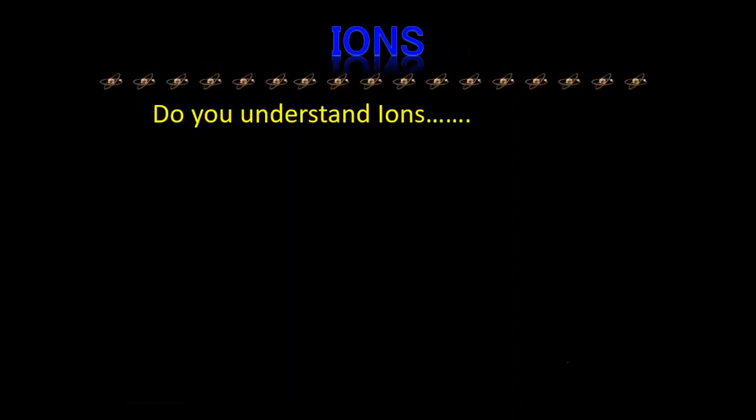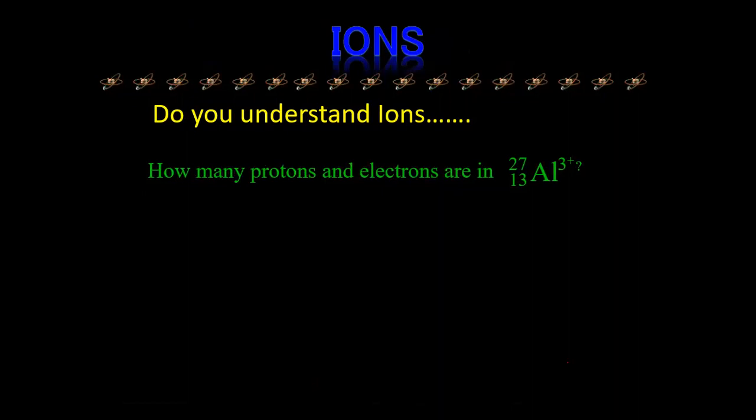Now let's answer this. How many protons and electrons are in the aluminum ion? It has a +3 charge. The mass number is 27 and the atomic number is 13.